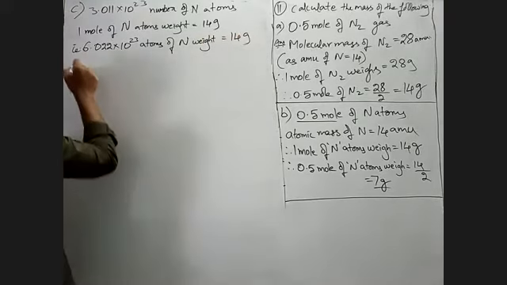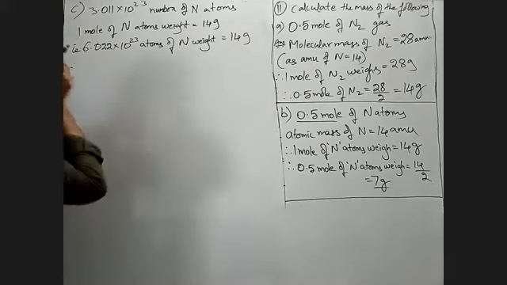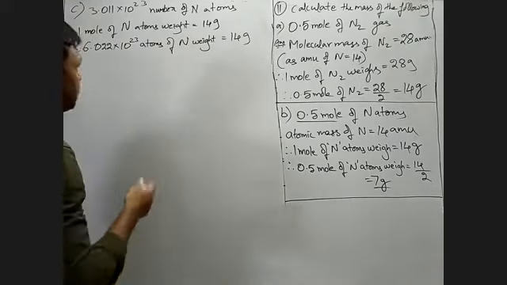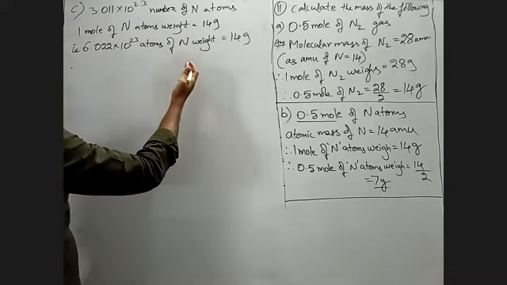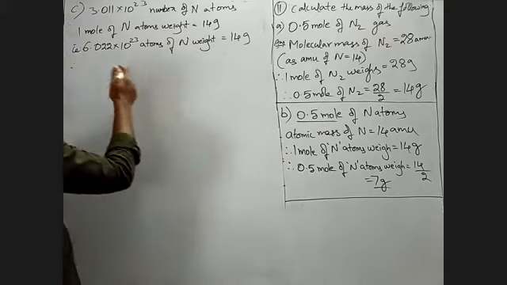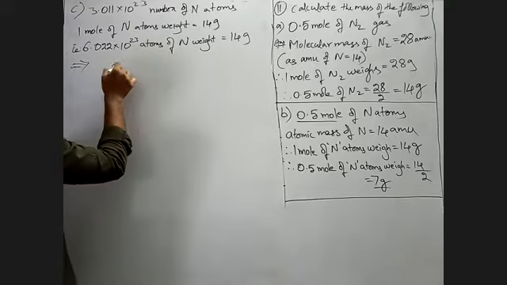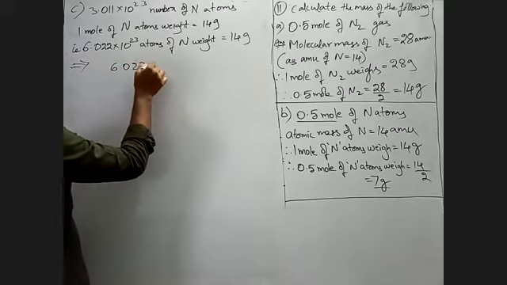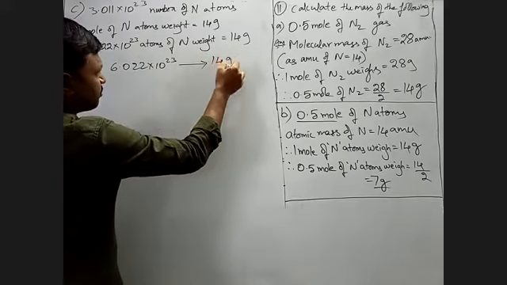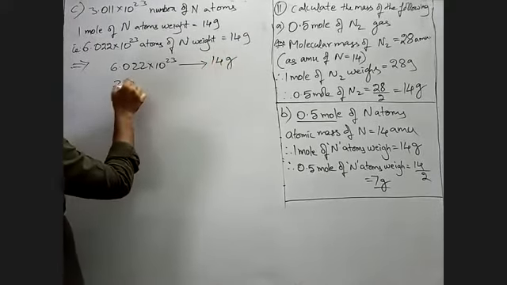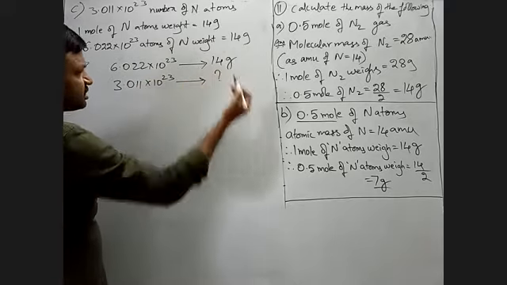So therefore 3.011 into 10 power 23, how much do they weigh? 6.022 into 10 power 23 weighs 14 grams. So 3.011 into 10 power 23 weighs how much?